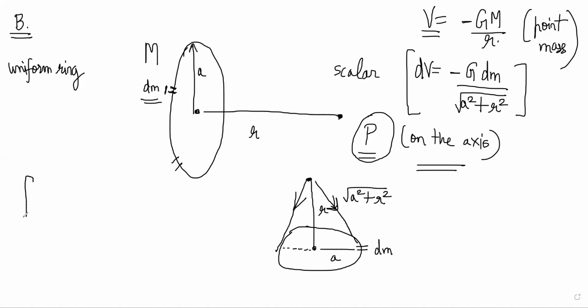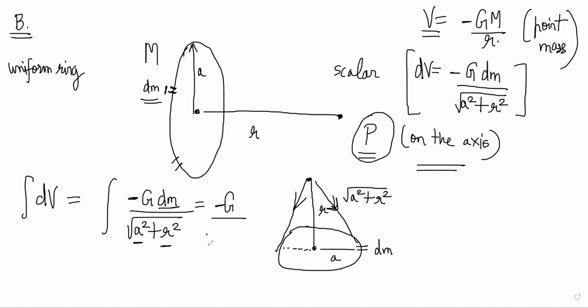So if you integrate dv over the whole body, you will get the potential due to the entire ring. So it will be the integration of minus G dm by root over a square plus r square. And if you see carefully, both a and r are fixed here, because neither the point is moving nor the circle radius changes, everything is fixed. The only thing that matters here is the dm. So these are constants, they come out.